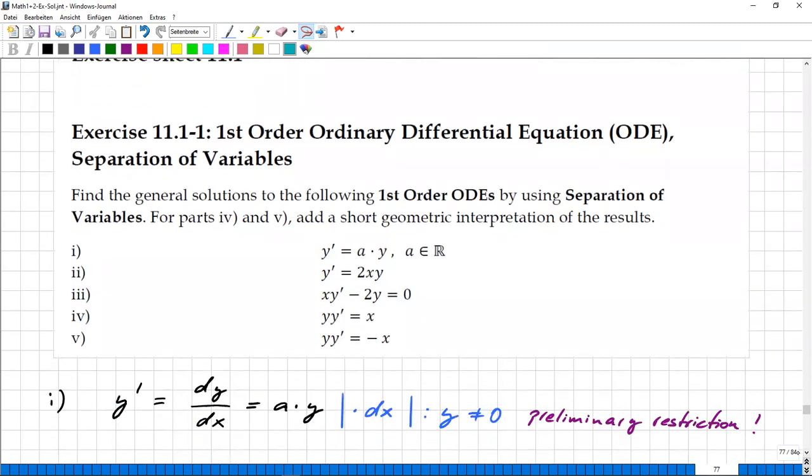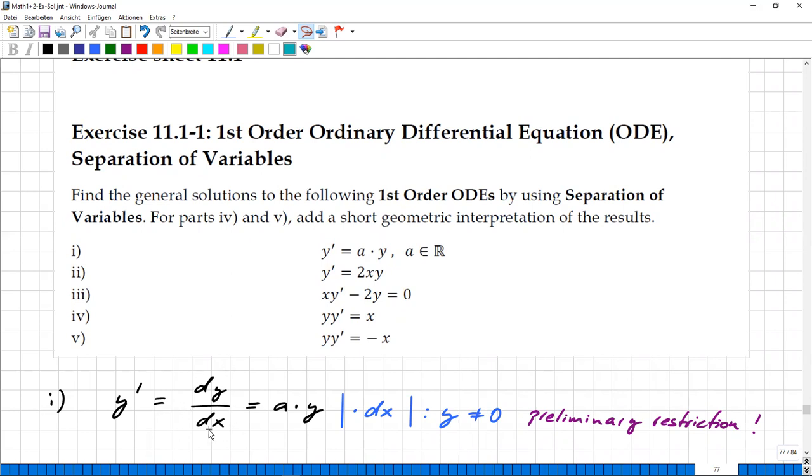And right for the first one, this is the usual way also of writing it down. First of all, we remember that y prime is just a short notation for taking a differential or building or constructing a differential quotient, like dy over dx, right?